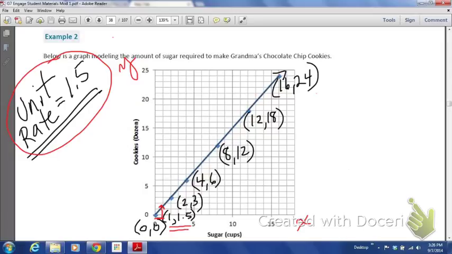So then if you continue that, we go to 2, move over 1 horizontally, we move another 1.5 vertically. Okay, so this vertical move is our unit rate.